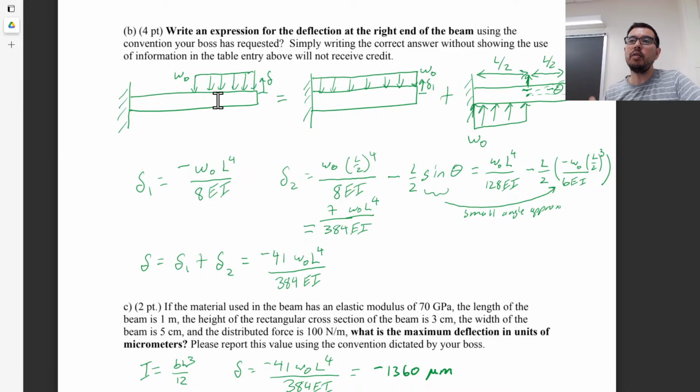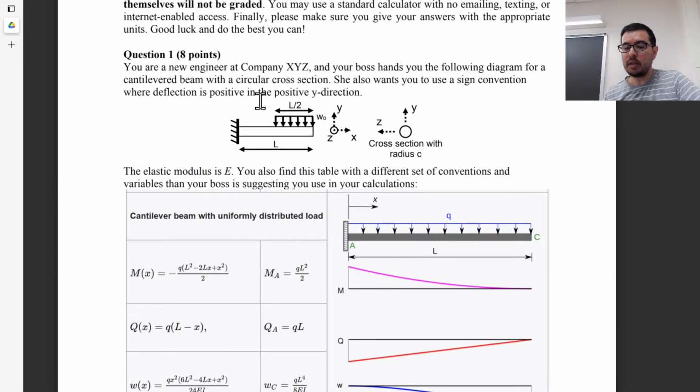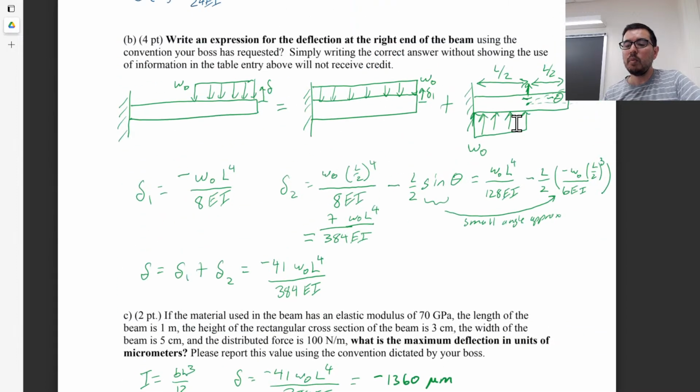So looking at a few of these where you do superposition, this is actually not a statically indeterminate problem. This one is statically determinate. But being able to know how to rearrange the loads so that you can get an equivalent system is pretty important.